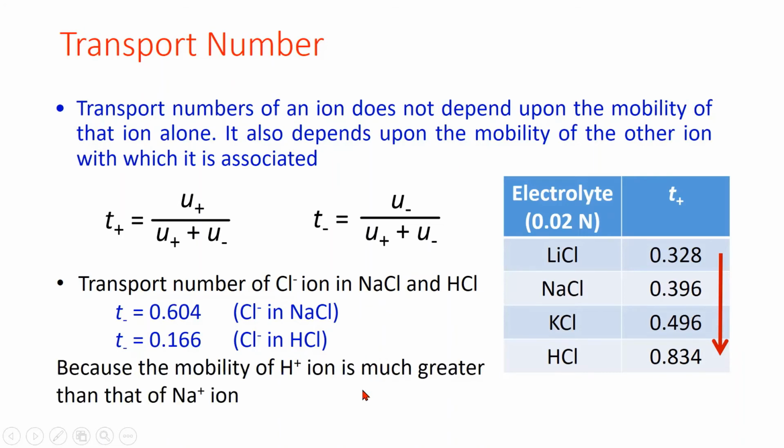Hence, we can see that the transport number of an ion does not depend upon the mobility of that ion alone. This is because the mobility of H ions is greater than the mobility of sodium ions.